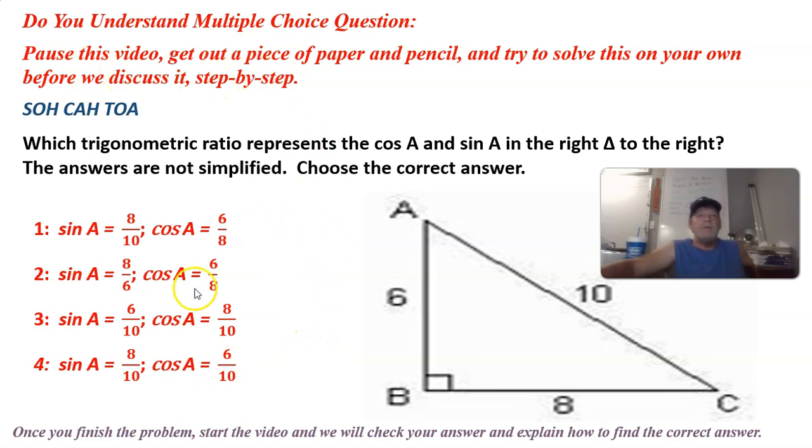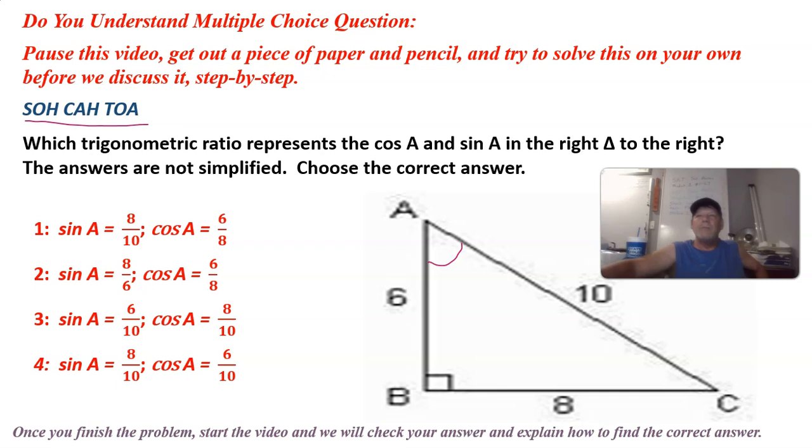It wants you to find the cosine of A and the sine of A. So remember, this angle is our theta, so we're dealing with A. And you need to use SOHCAHTOA. Pause this and find it now. Remember that once you finish your problem, start the video back up, and then we'll answer it.